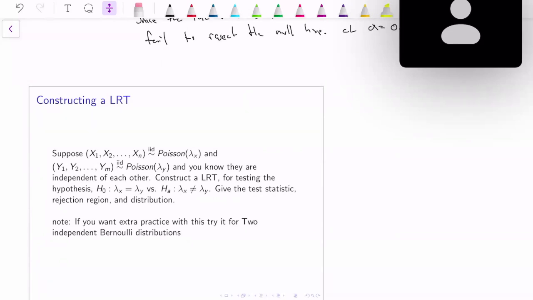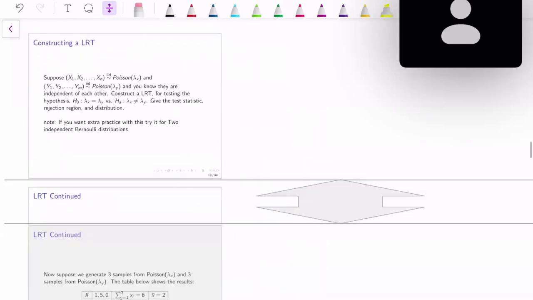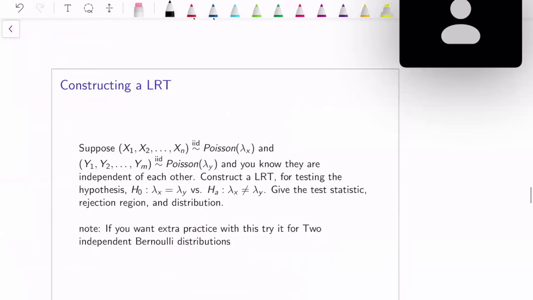I think we have time. I'll give you guys 2 minutes to try this. I think this should be new. I don't think this was on your practice midterm or practice final.